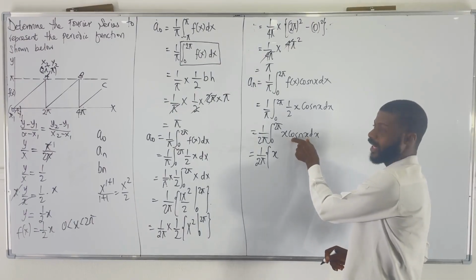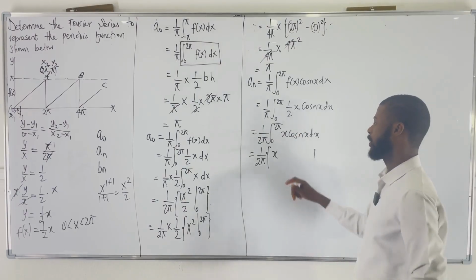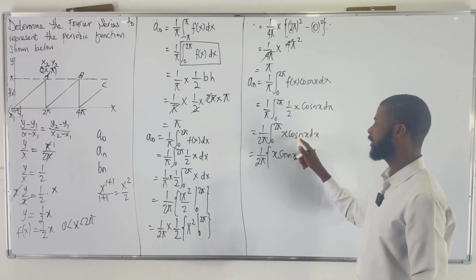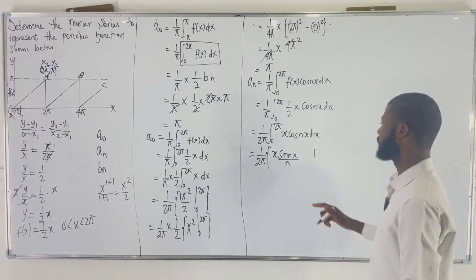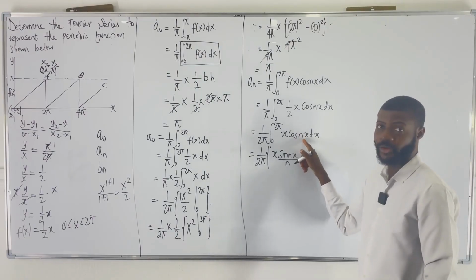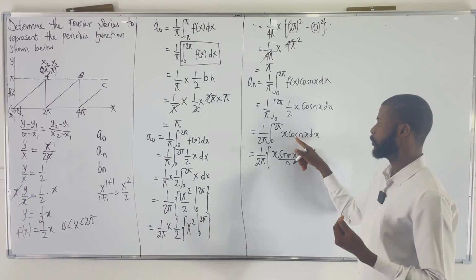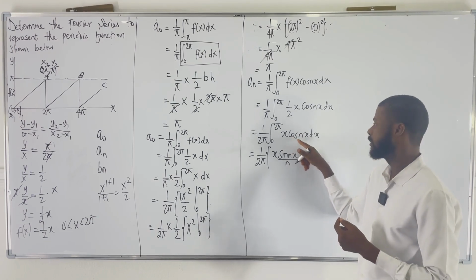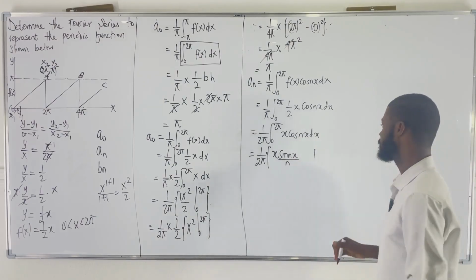Next thing I'm going to do. This is cosine of nx, and I'm going to integrate it. So integrate cos, remember, you're going to have sine. So this is sine nx, and then you divide by n, because you must differentiate the angle, remember. In trigonometric integration, you integrate the cosine, differentiate the angle nx, and then you divide by that result.